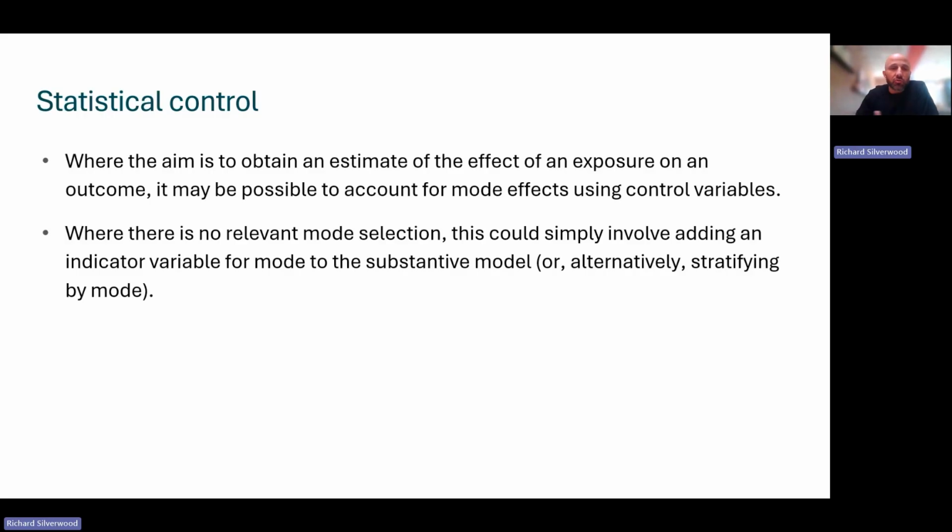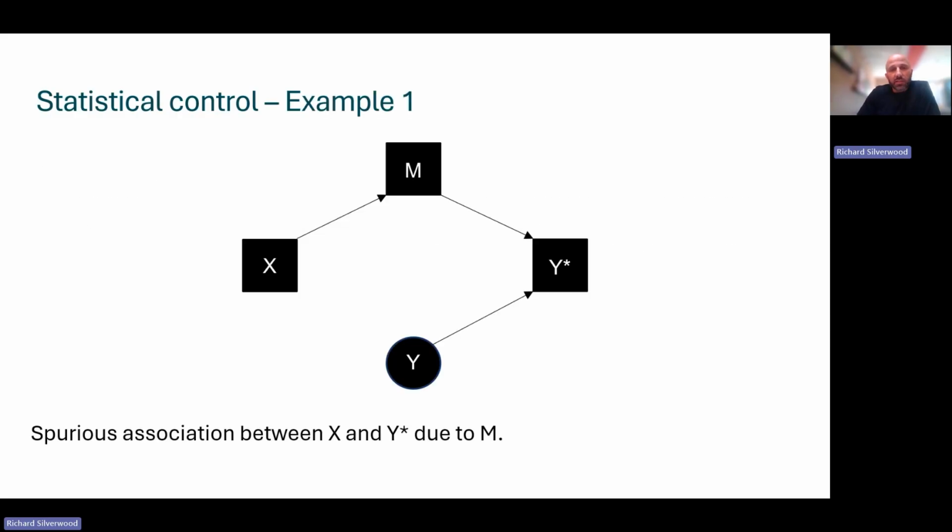So some control for it, conditioning, including it in the regression model, or alternatively stratifying by mode, so analyzing within each mode. So let's look at this very simple example DAG here.